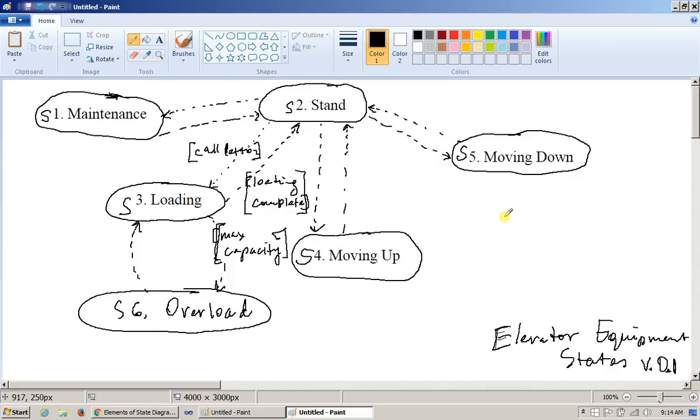I can start thinking about perhaps an enumeration of these states internally. Have some sort of enumeration variable or state variable that represents those unique states, and I can have other types of implementation that looks and says, okay, if I'm moving down, I cannot open the doors, right?